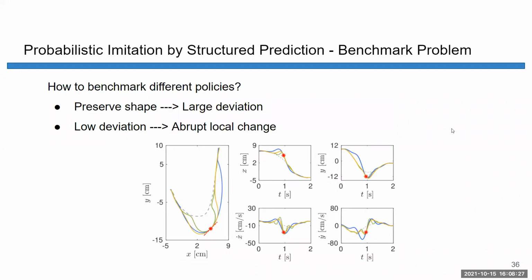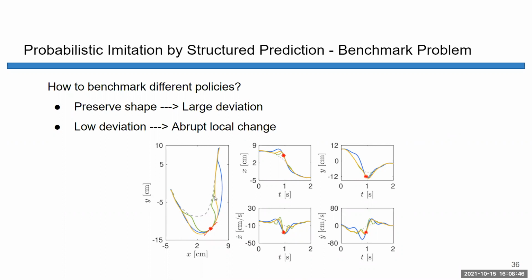So let's consider another problem. Given different adapted behaviors, how should we benchmark different policies? Let's see this example.